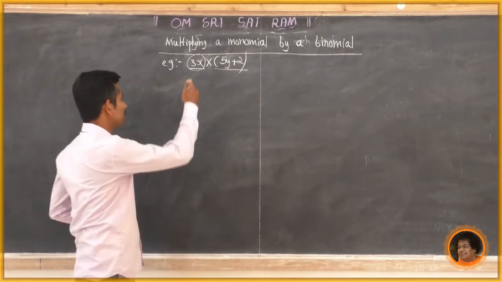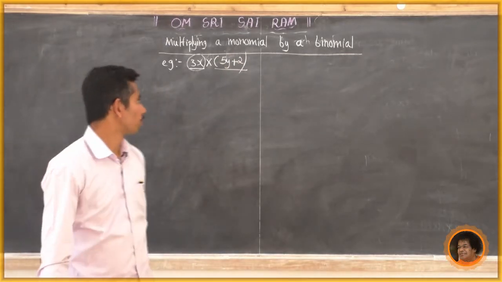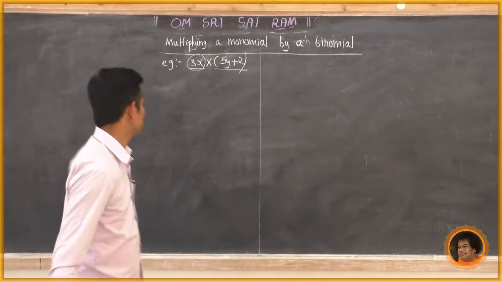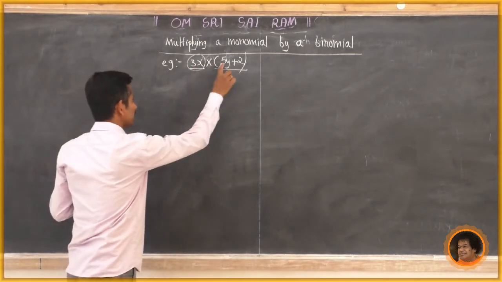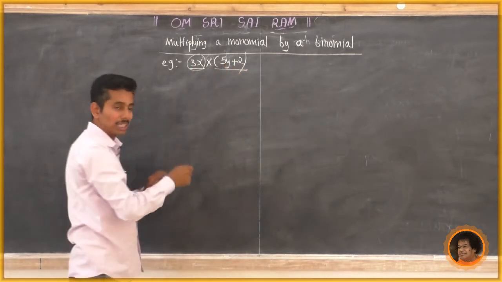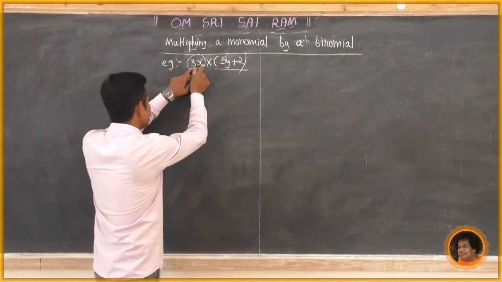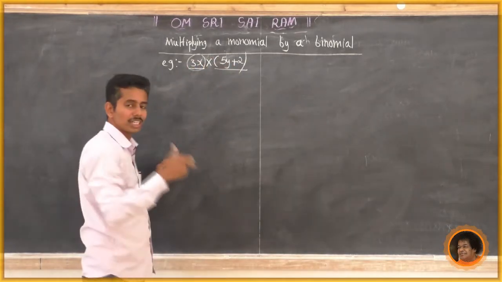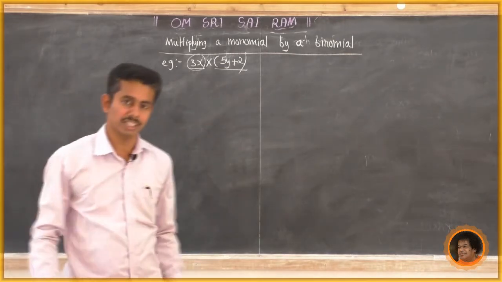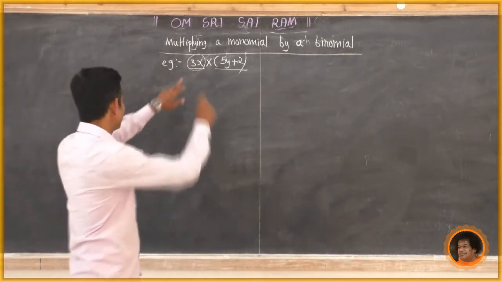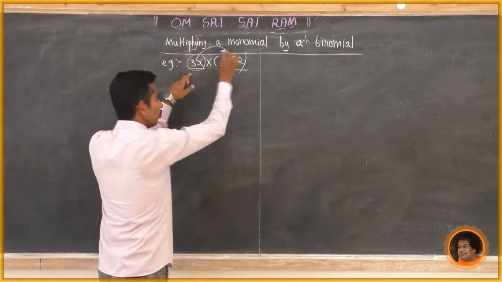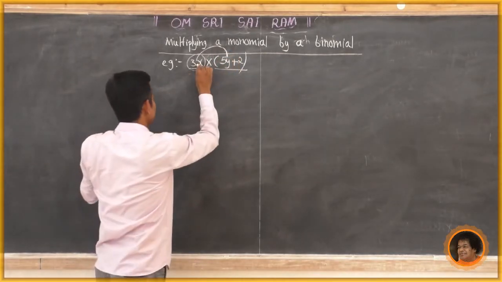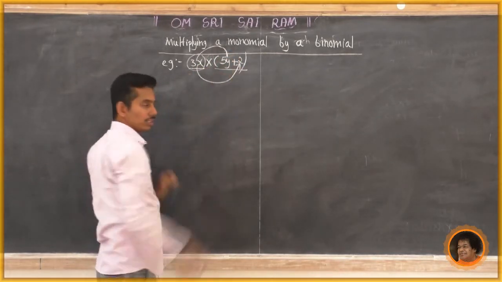What is the method to find the product of a monomial by a binomial? It is very simple. 3x into 5y plus 2. First multiply this monomial into every term of the binomial. Every term means how many terms? A binomial contains only 2 terms. So this 3x into 5y. After that, the same 3x into 2.